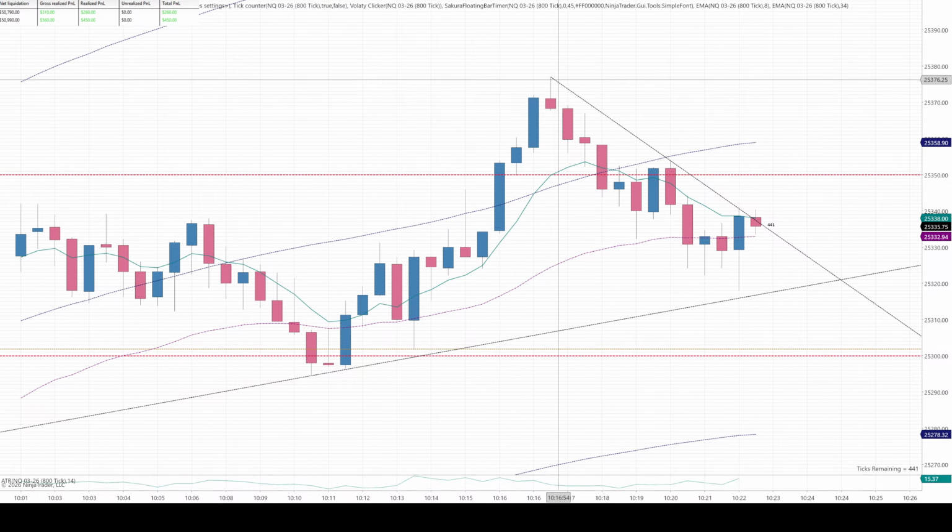Now the question is, does this downward trend line still act as resistance? Yes or no? Or are we going to break?